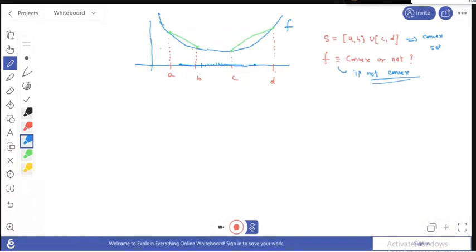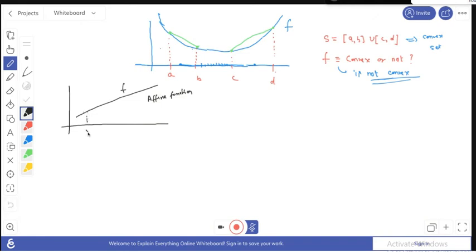देन नेक्स्ट अगर हम बात करें कि व्हाट इज अफाइन फंक्शन, बेसिकली अफाइन फंक्शन इज योर लीनियर फंक्शन. ओके, अफाइन फंक्शन अगर हम ड्रॉ करें, suppose this is a linear function, we say that this is affine function. Okay, so this affine function f, if there is any point, suppose x, and suppose this is y.